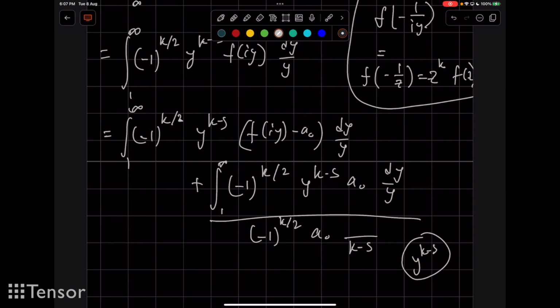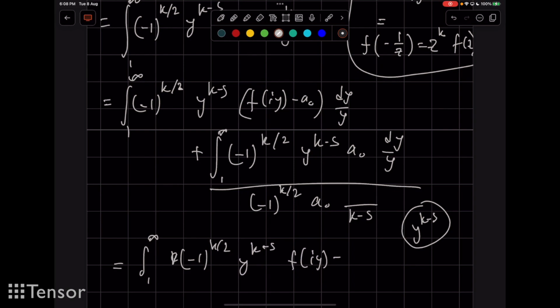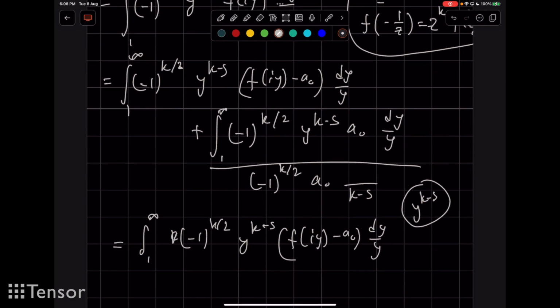Right. So this is the integral from 1 to infinity, negative 1 to the power k over 2, y to the k minus s, f of iy minus a naught dy over y, minus negative 1 to the power k over 2 a naught over k minus s.